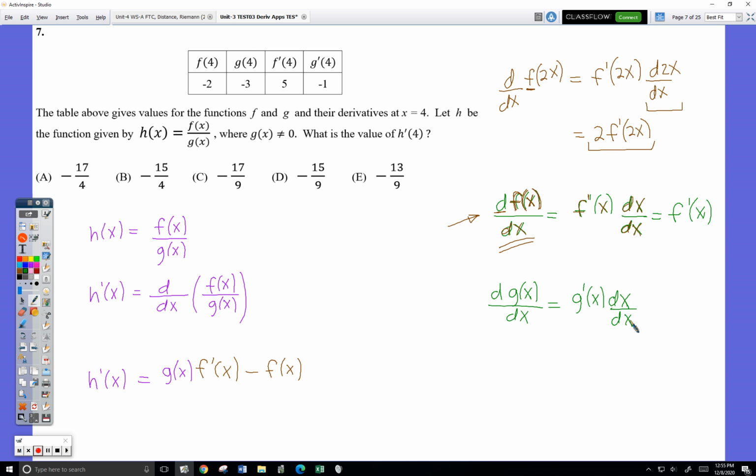And then dx over dx equaling 1 would simply give us g prime of x. And then it's all divided by g of x squared.